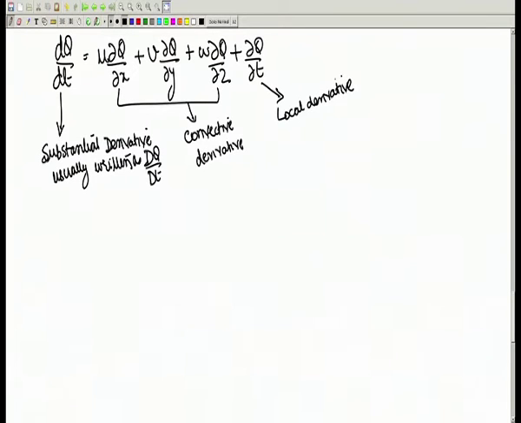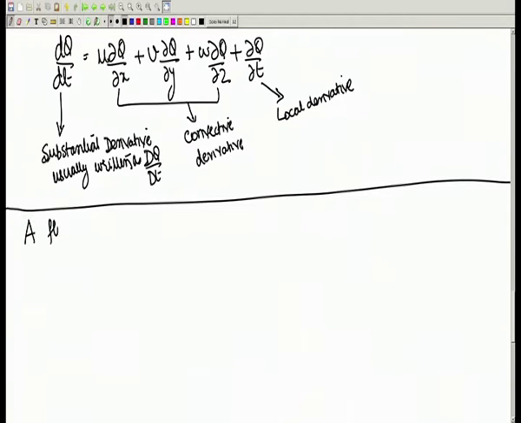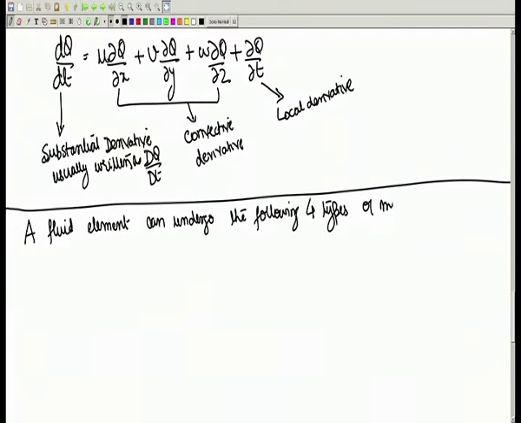So starting with a new topic, if there is a fluid element, it can undergo the following 4 types of motion or deformation.